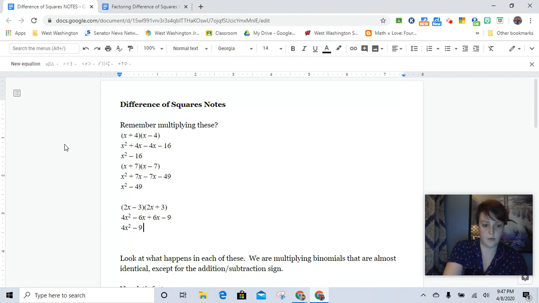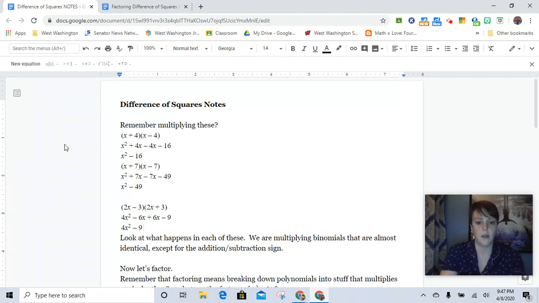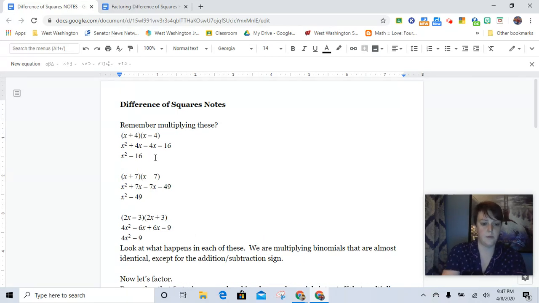So here's the deal. What happens in each one of these? We're multiplying binomials that are almost identical except for the plus or minus, plus and minus, minus and plus. So what's happening in all of their multiplications and all of their final answers?